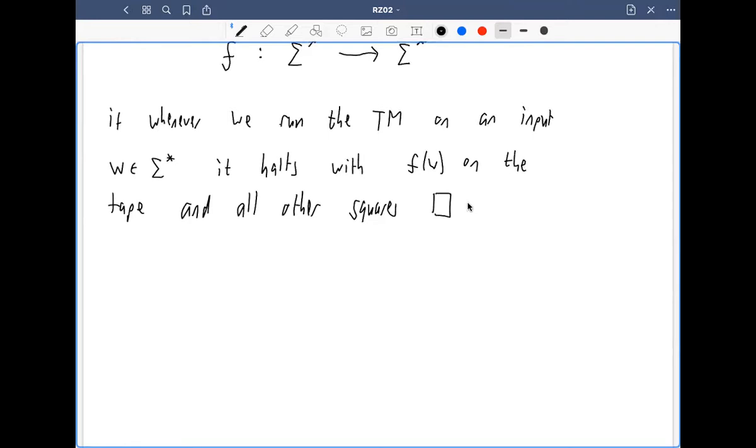And if we want to be fussy, we can also require that the tape head returns to the left-hand symbol of f of W. And that's convenient if we want to compose Turing machines.